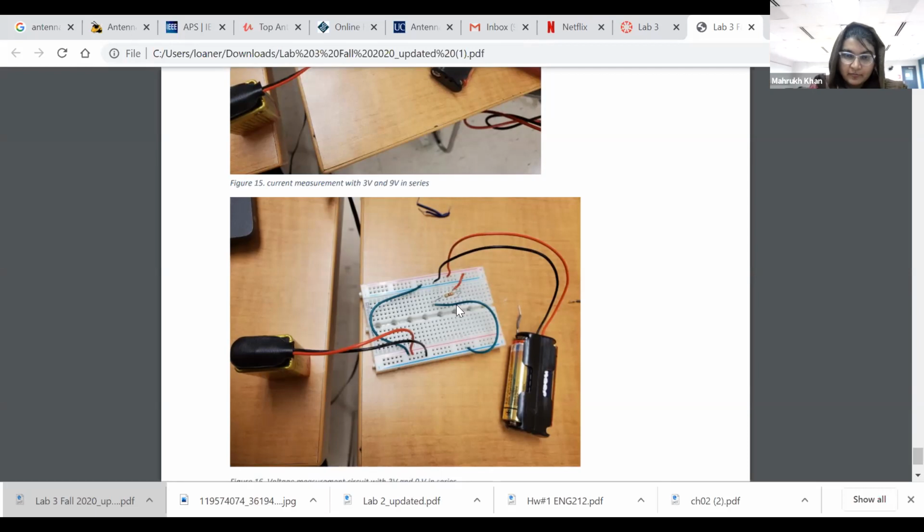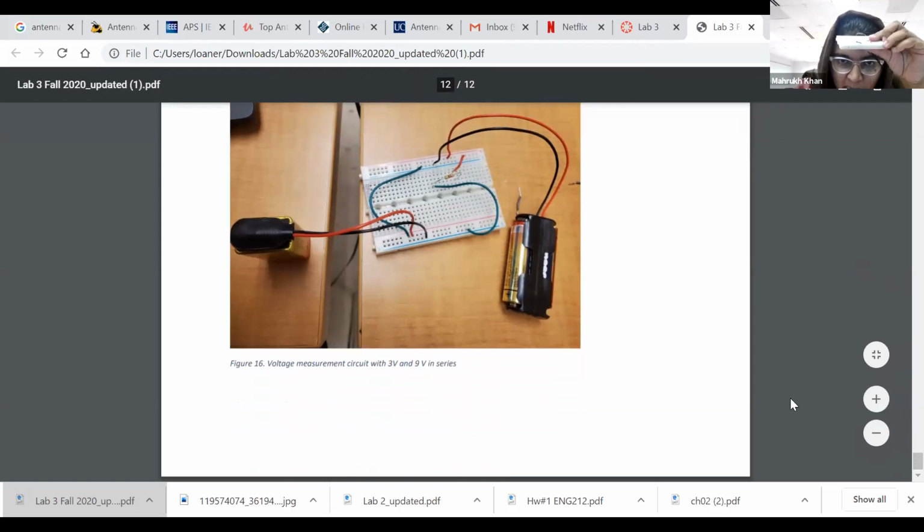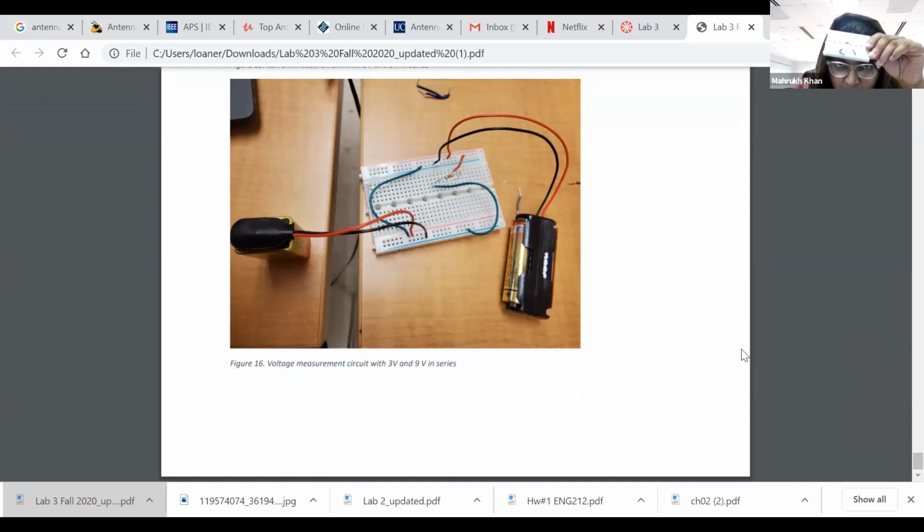So what we were doing, we were connecting two batteries together, okay? What I was trying to see, so I will connect the circuit exactly as figure 16, but you just connect wires first and don't connect batteries at all, okay?